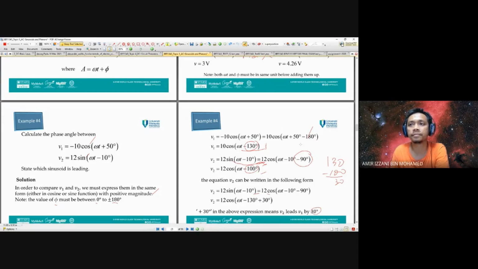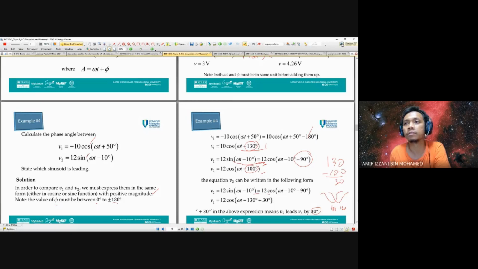So 30 degree, for example, would be like this. This one is sine, cosine first. One is at 100 degree, the other one is at 130 degree.